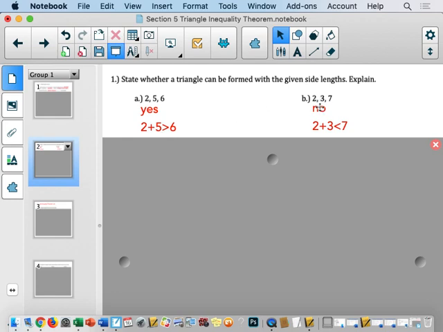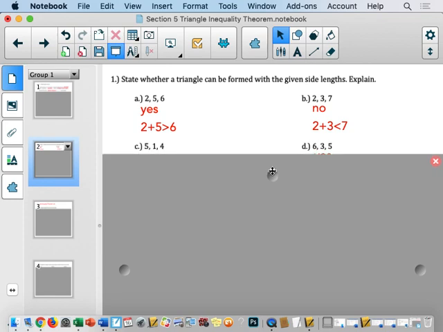The two smallest sides on B are 2 and 3. 2 plus 3 is less than 7, so my answer has to be no. On example C here, the two shortest sides are 1 and 4.